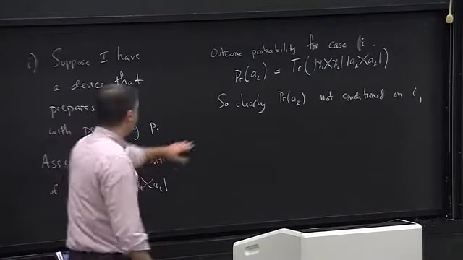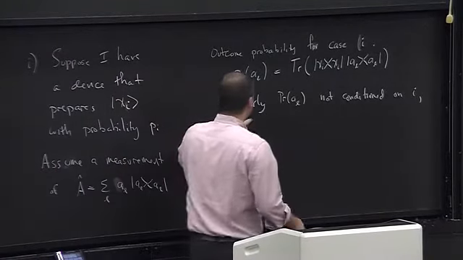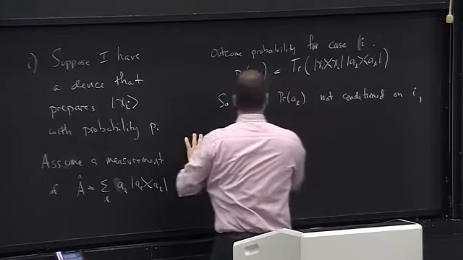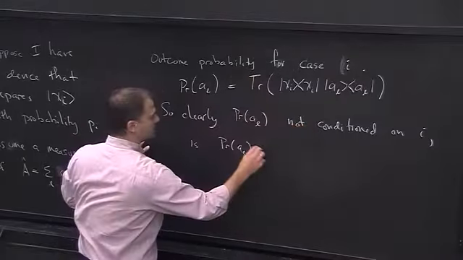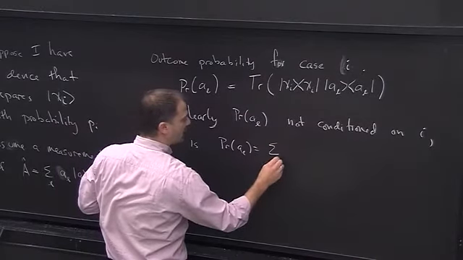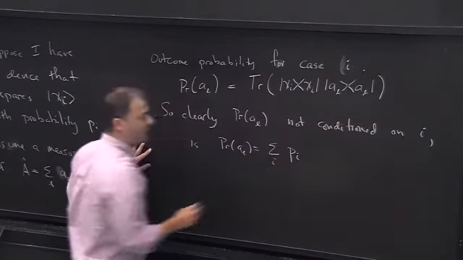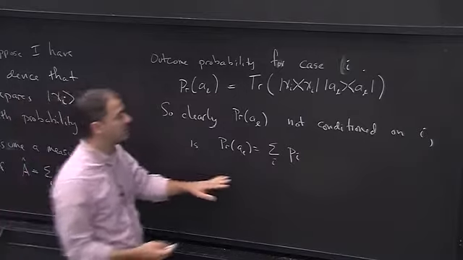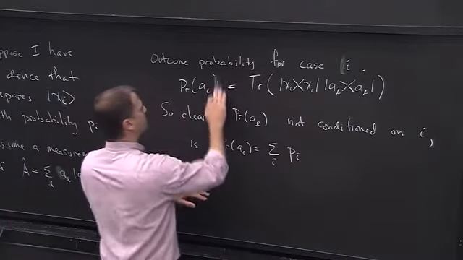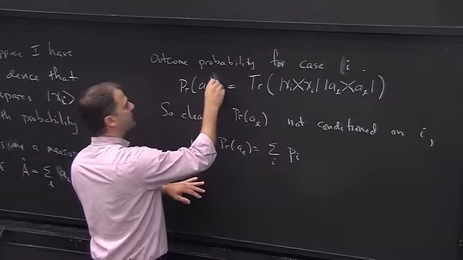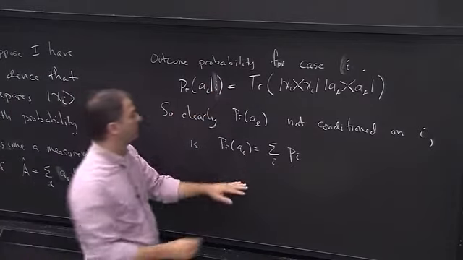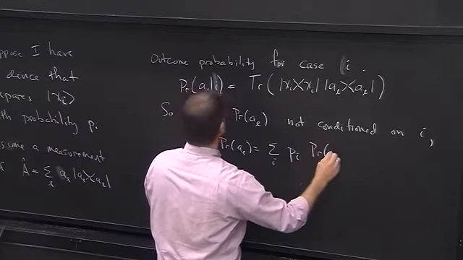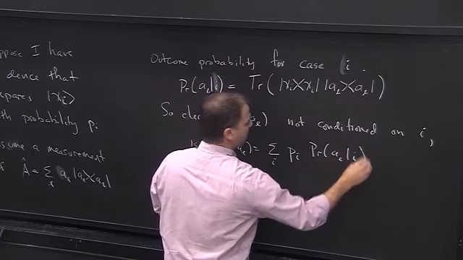I'll write it down and then I'll move the board up. The probability of A_L not conditioned on i is the probability of A_L, equal to a sum over i of the probability of preparing case i times the probability of A_L conditioned on i. Actually, I wrote this wrong; this would be the probability of A_L conditioned on i.